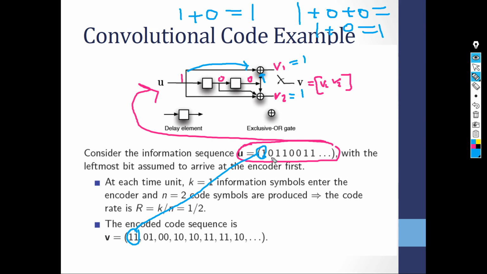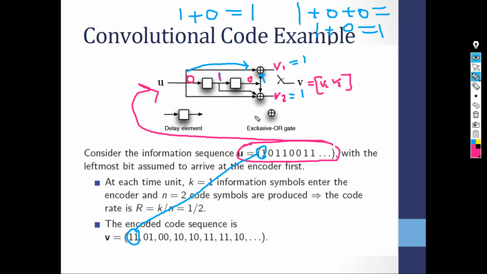Now let's say that 0 comes after 1. So what do you do? You erase this 1 and move it here. 1 now is here after the delay. You put it here, and a new 0 comes into the circuit here. The 0 is here.